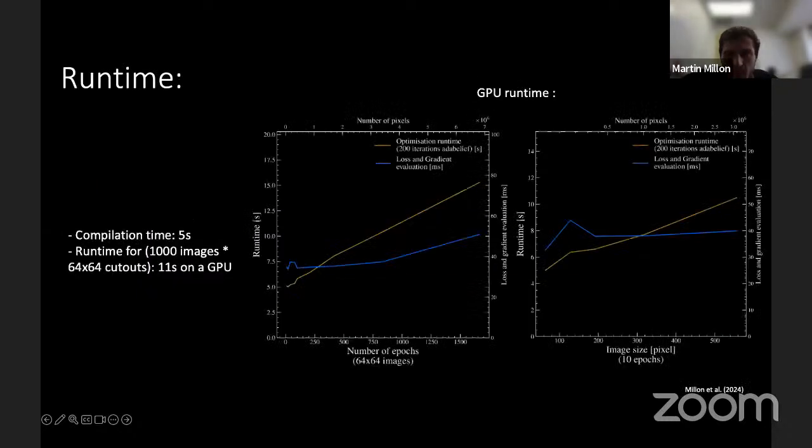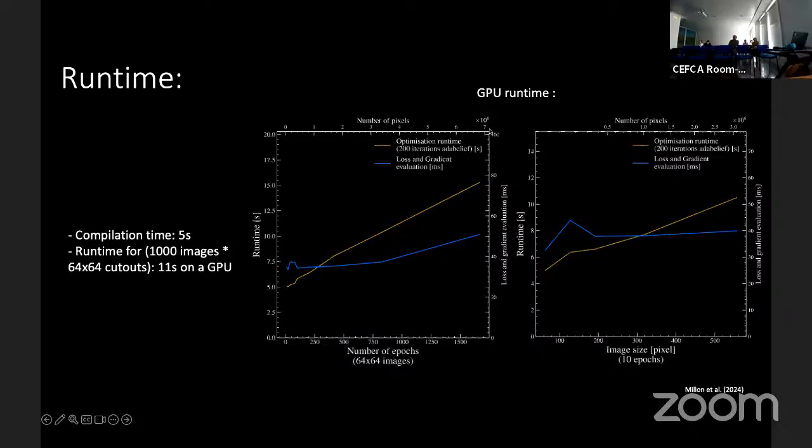Let me find that. Here you've got the number of pixels that you use. So depending on the number of epochs and the cutouts, it doesn't really matter if it's more epochs and fewer cutouts or the opposite. And here you see that you have 7 million pixels, and it fits well in the GPU memory. I guess you could go to pretty high numbers.